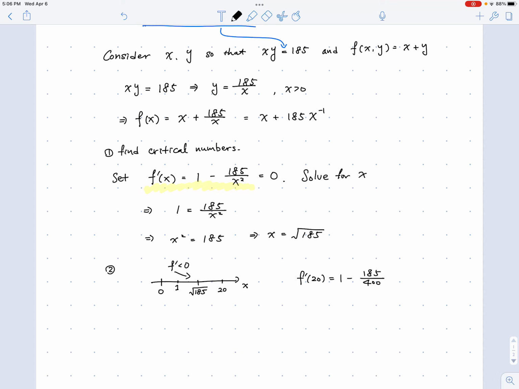So this number here is smaller than 1, and therefore the whole thing is larger than 0, so it's positive. So here you have f prime positive, hence you know the function is increasing. All right, so by knowing that f is first decreasing and then increasing, this tells you f of root 185 is the minimum value.